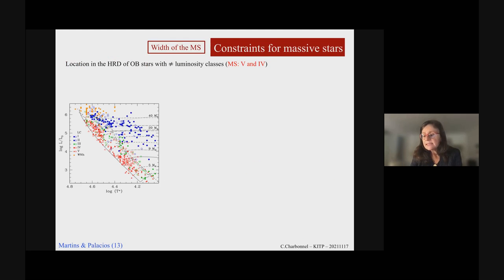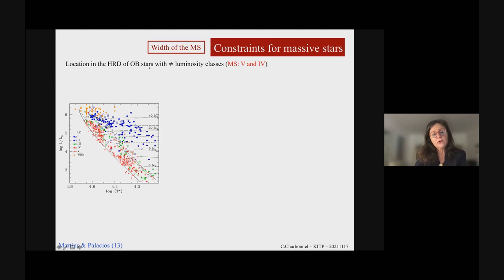So these are things that are well known, but I would like to show you also some other constraints which are very important, because as I said, we have some uncertainties on this turbulence. And one way of calibrating it is by looking at stars on the main sequence, which are the red stars here.